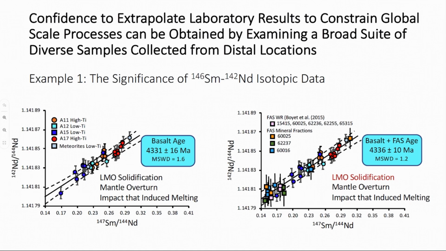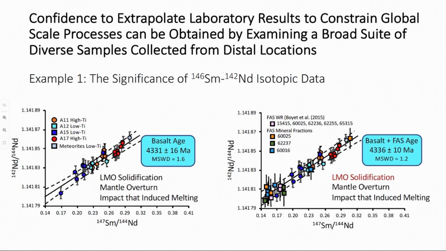However, because the samples are from a limited site, one interpretation suggests that they're part of a magma ocean solidification. Another idea is that it might reflect overturn and localized melting on the near side. It's also been suggested that this reflects impact-induced melting on the near side. If you look at the slide to the right, we've plotted ferroan anorthosites that have been collected predominantly at 16, and they fall on that same isochron.